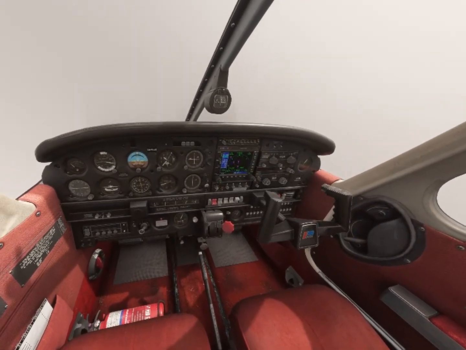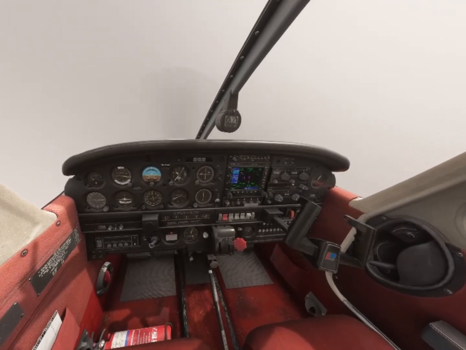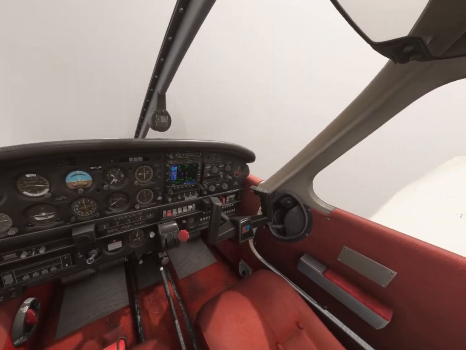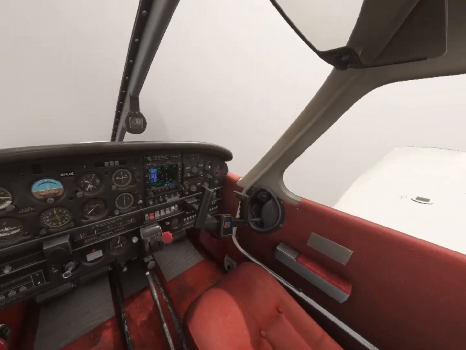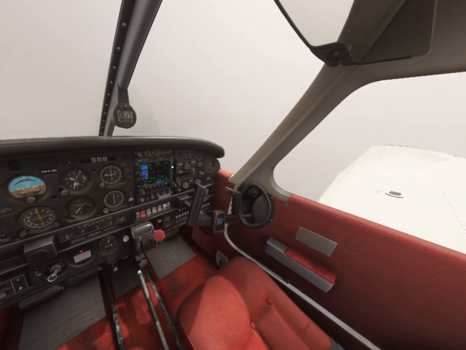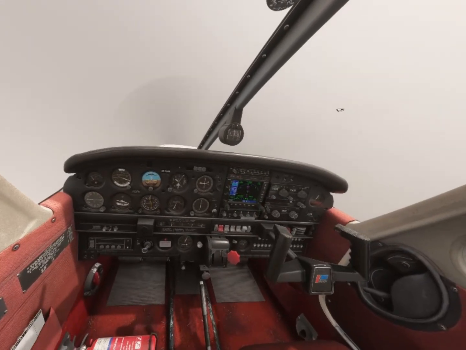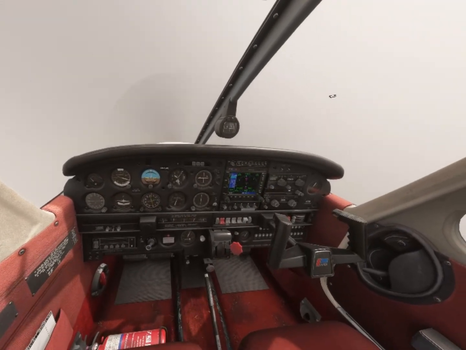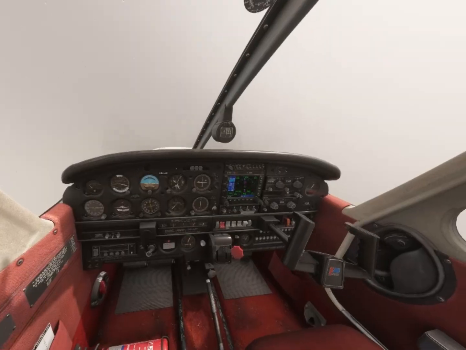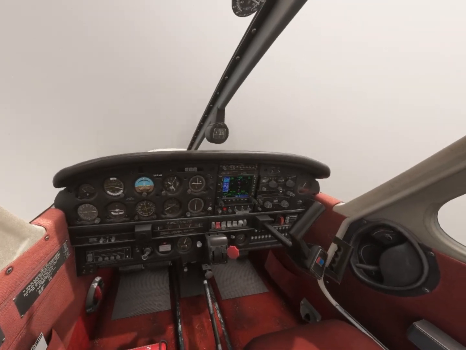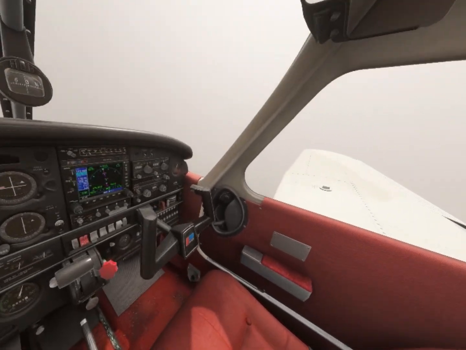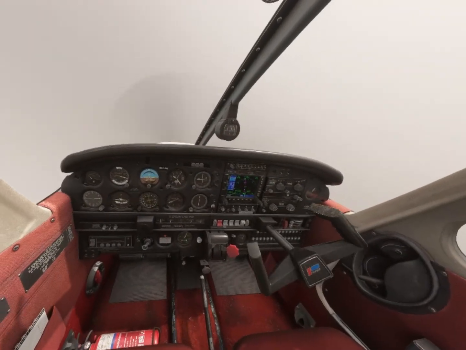Reestablish descent rate. Airspeed good, course good. Zoom in on the GPS. Check heading. Descent rate's high. 1,000 more feet in 3 miles.